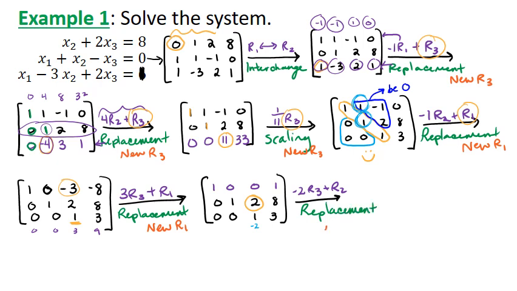And this will become my new row 2. All right, let's do it. So row 1 remains the same. Row 2 becomes 0, 1, 0, 2. And row 3 stays the same.